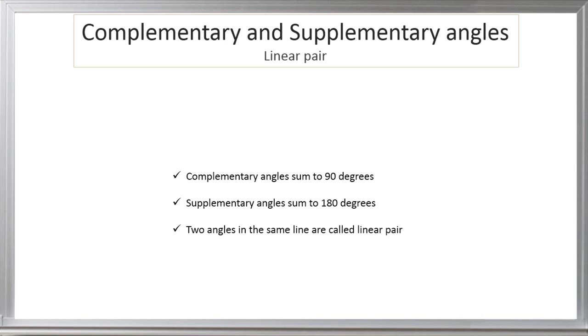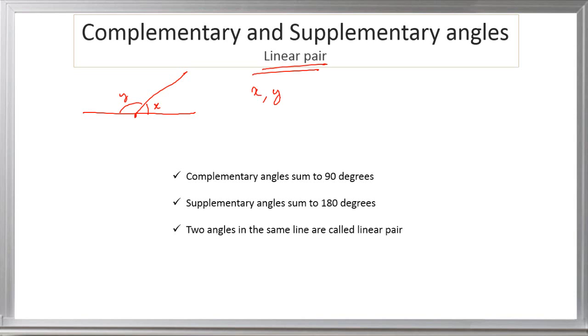When we take a line and imagine a vertex here, and I have another line that makes an angle with this part, let's call the two angles X and Y. X and Y are called a linear pair.